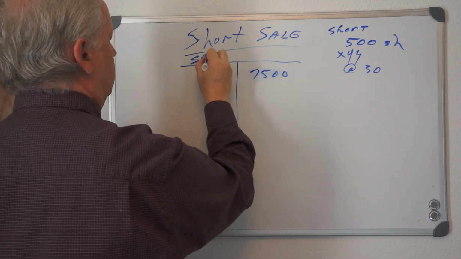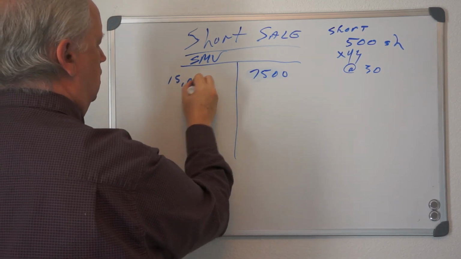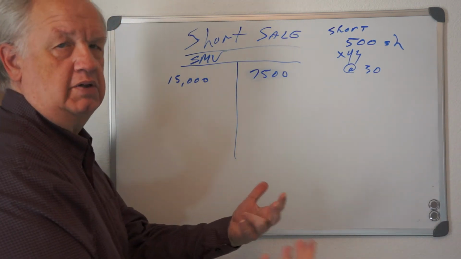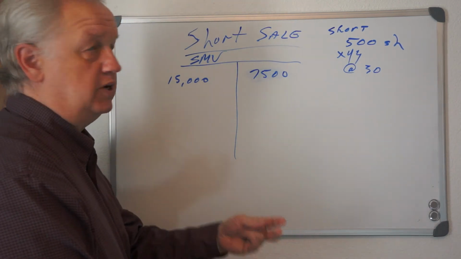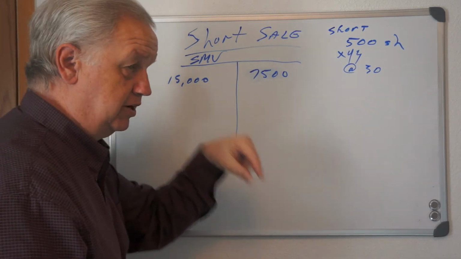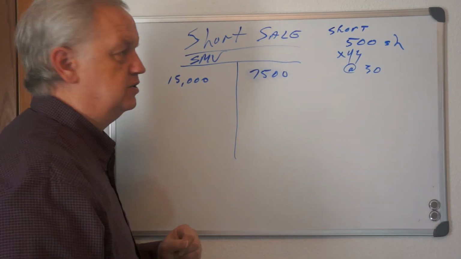The short market value is 15,000. Currently, that's how much you have to pony up to buy back. Because when you short something, eventually you have to buy it back in the market, and you're hoping the market goes down so that you can buy it back at a lower price and keep the difference, right?